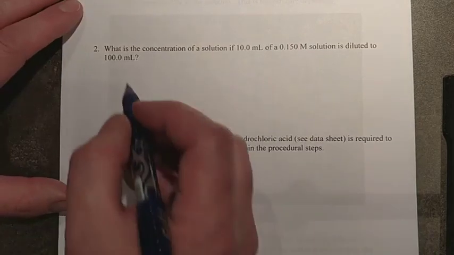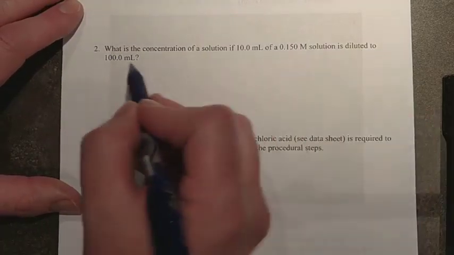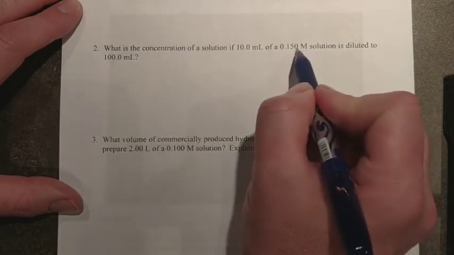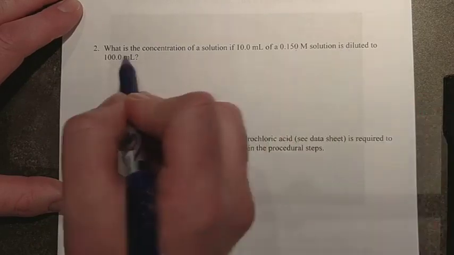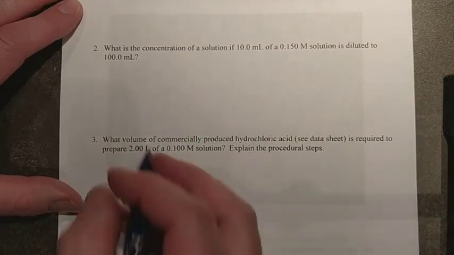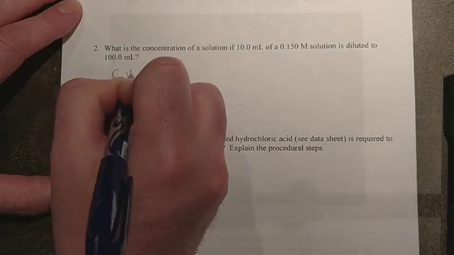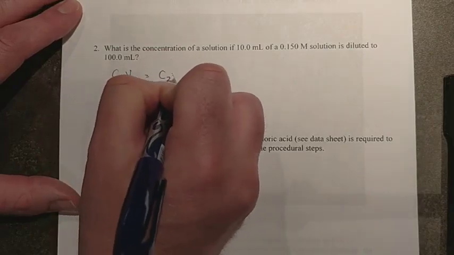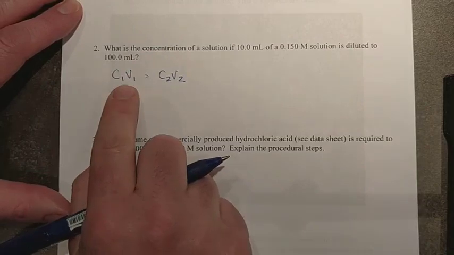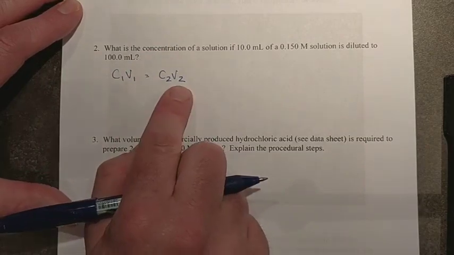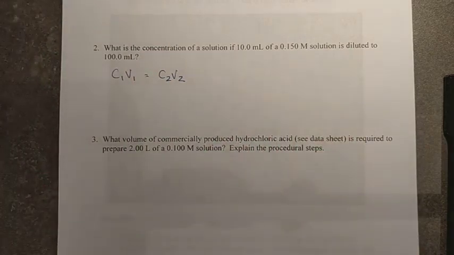If I want to dilute a solution, 10 mL of a 0.15 molar solution diluted to 100 mL of total volume, it's really just my dilution ratio. And when you think about this, I have an initial solution and I have a new solution. Read the question. Which one is the initial solution to you?